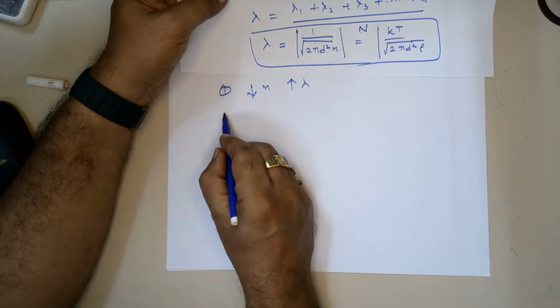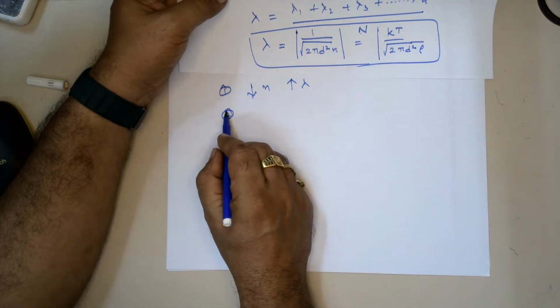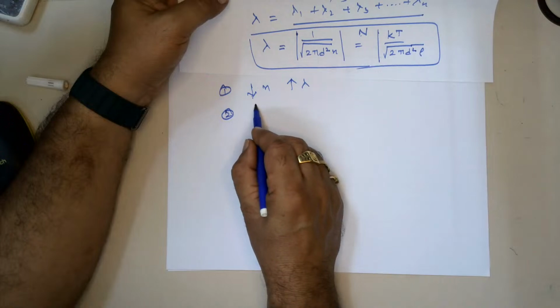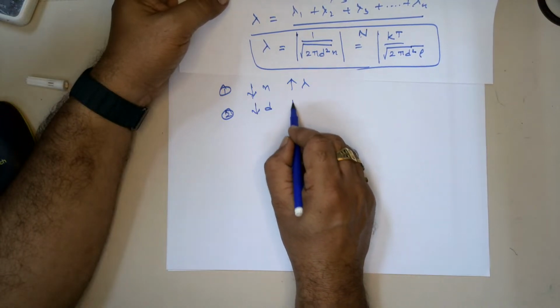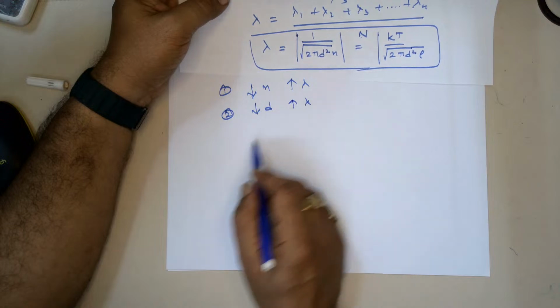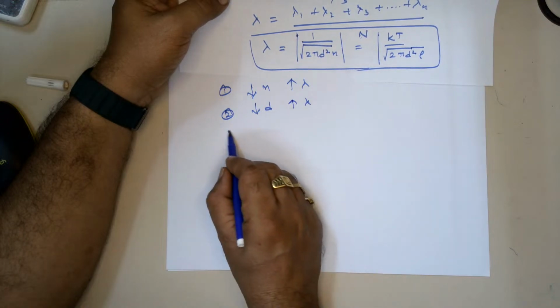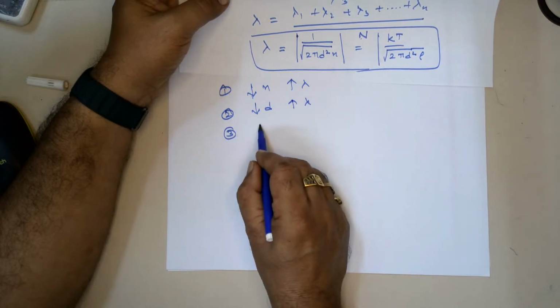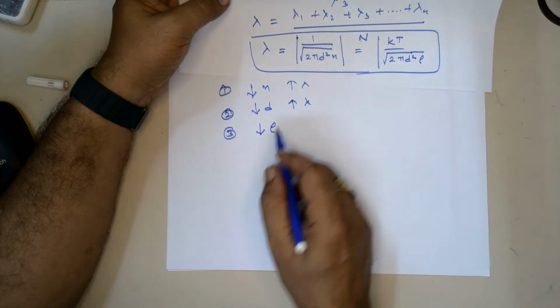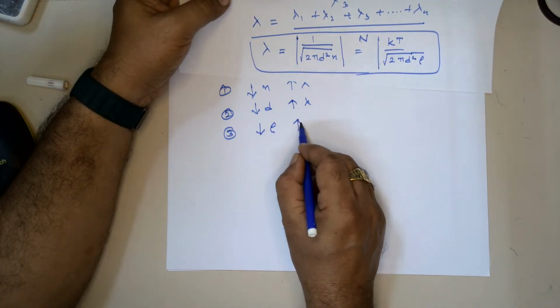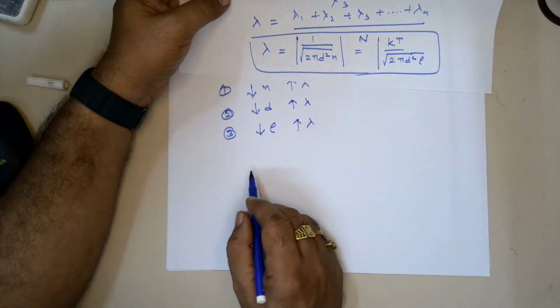Second statement, smaller the diameter, definitely larger will be the mean free path. Third, smaller the density, then larger will be the mean free path.